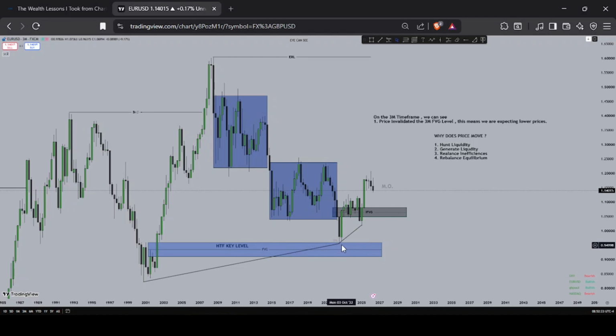So this can create an MMBM, the market maker buy model, in the time to come. That is a possibility. We are talking in terms of probability here. We are not that sure because price can do anything, but there's a high possibility that price will be moving for this market maker buy model in the 3 months time frame.